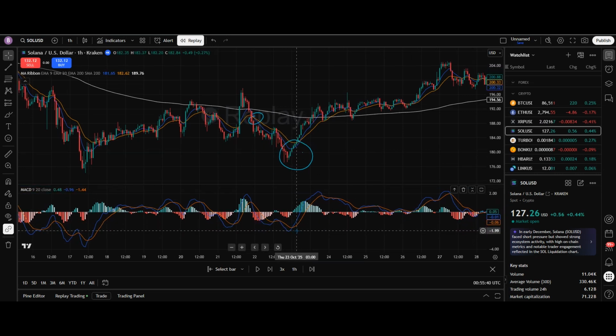When you see this type of movement on the MACD right here at the bottom, swing low for the 9-day EMA, and it's sloping back upwards, pointing upwards, and just crossing the 20-day, this is a good indication for you to pay attention to what's going on. What kind of candles are being printed? There's a series of green bullish candles.